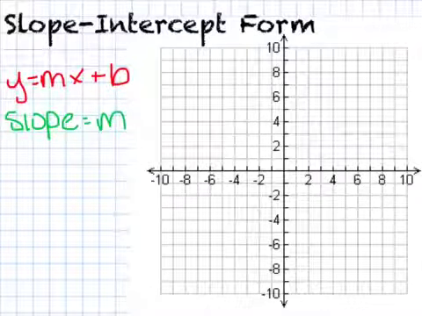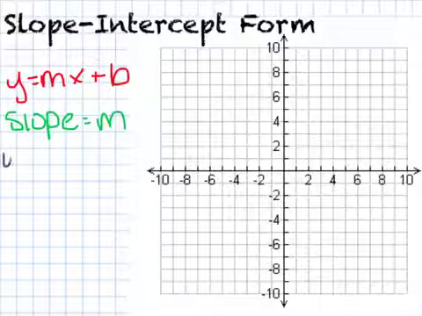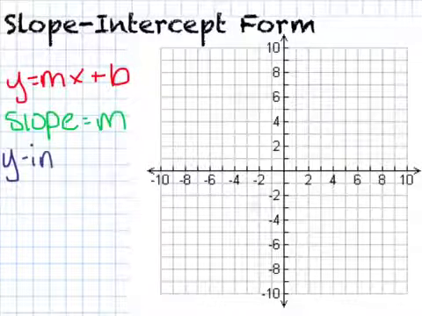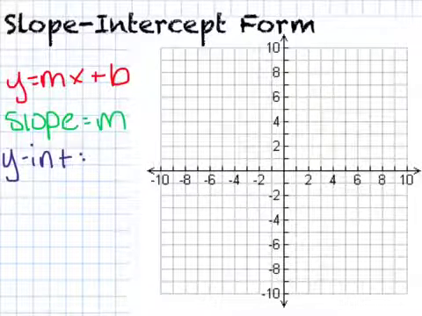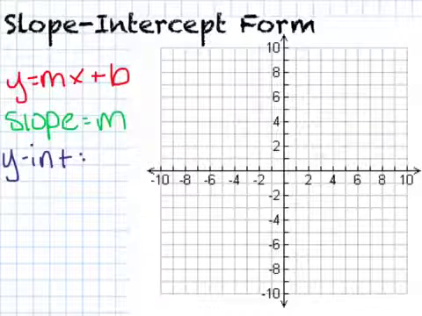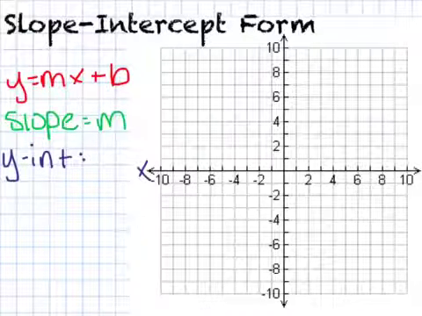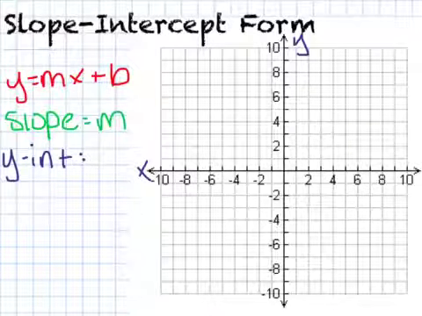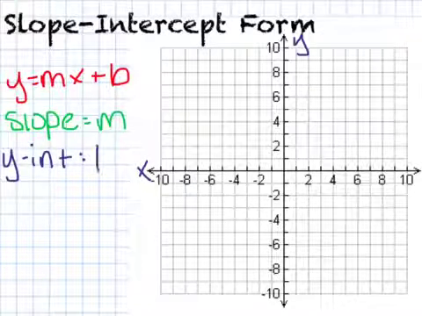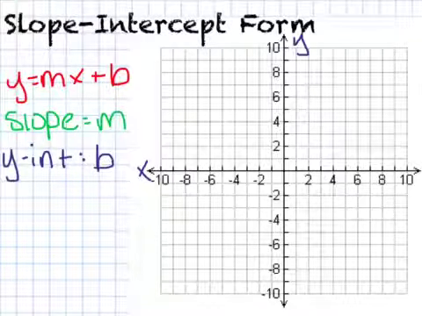We also have the y-intercept. That is where the graph crosses the y-axis. Remember, we have our x-axis here, and our y-axis is up and down. So that y-intercept is the letter b in this instance.